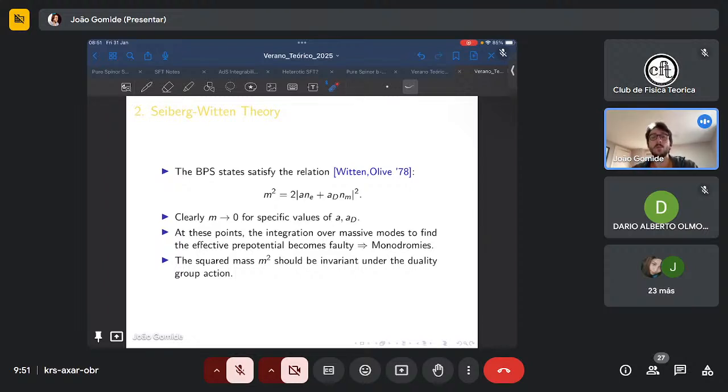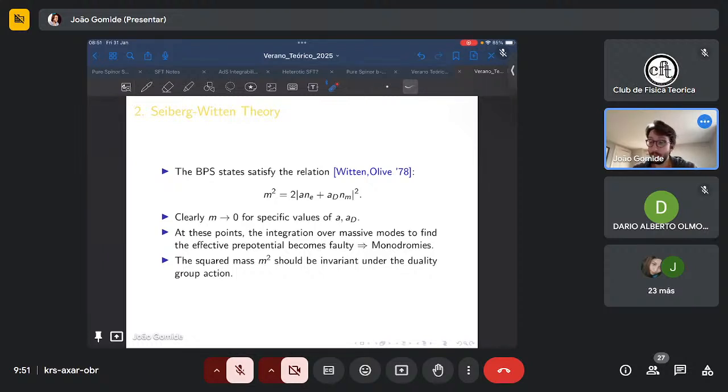As I said in the beginning, when we were talking about the representations of supersymmetry, I didn't discuss the massive representations, but we can just repeat the analysis that I did before. If you write the creation and annihilation operators for a massive state, we see that we have more guys in the multiplet.